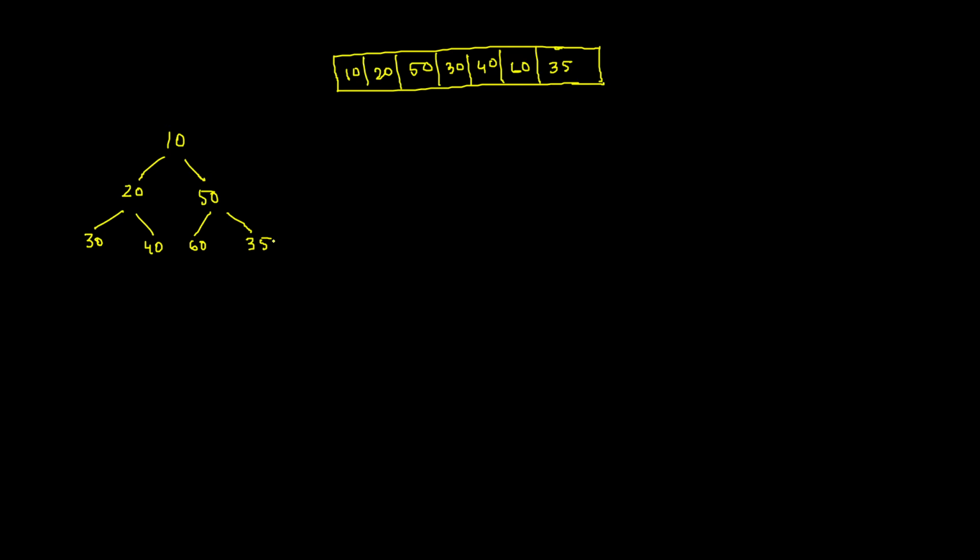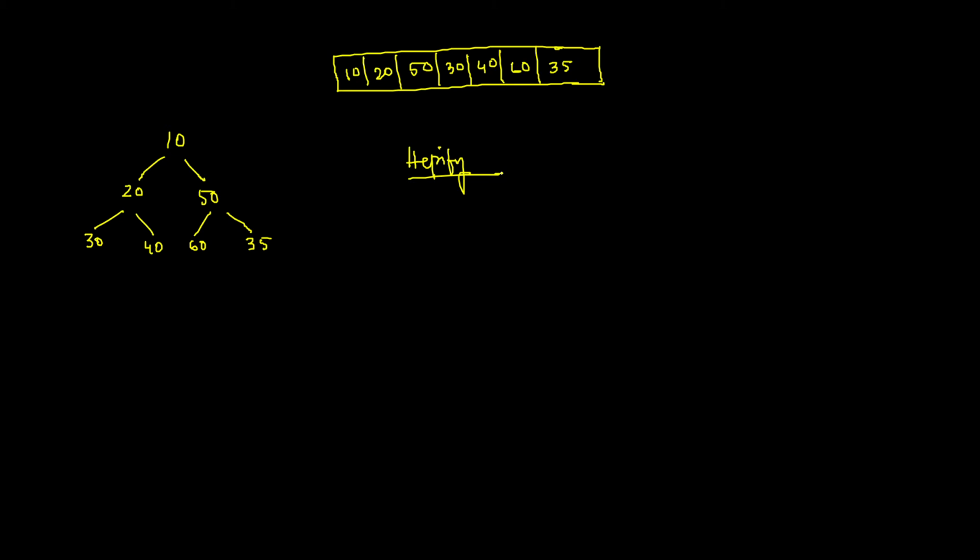So what do we have to do? We have to build a max heap first. And the process of building the max heap is called heapify. So through the process of heapify, we will create the max heap. It's not only creating a max heap; creating a min heap is also called heapify.